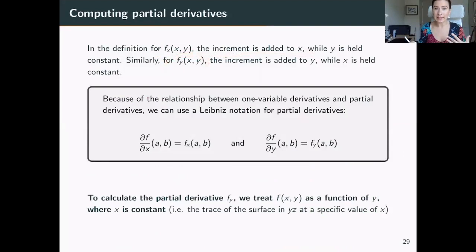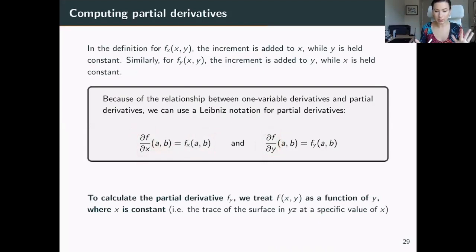So what we end up getting is that we can use a kind of Leibniz notation instead of this partial notation. You can use either one freely, where we're essentially saying that the partial with respect to x is the derivative of f with respect to x at this point, or you can have this partial f partial y at a point a comma b.